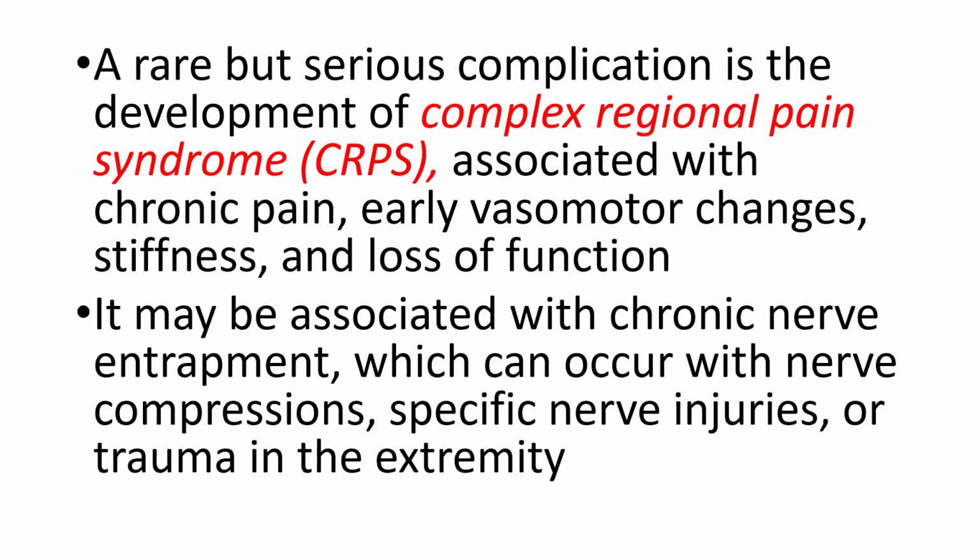This is associated with chronic pain and early vasomotor changes, stiffness and loss of function. It may be associated with chronic nerve entrapment, which can occur with nerve compressions, specific nerve injuries, or trauma in the extremity.